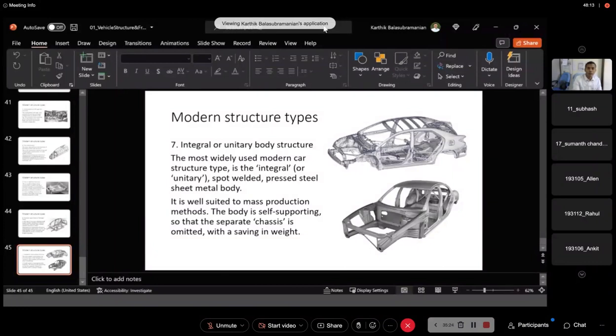So I think with that we have come to the end of the chassis unit, right? Any questions?